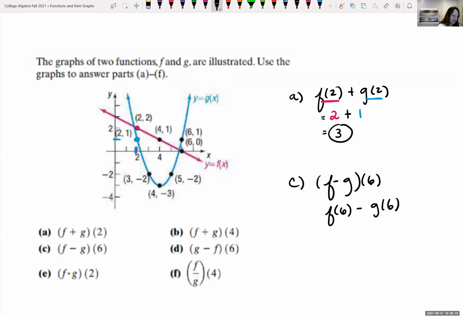Looking at the graph, when x is 6, the y value there is 0, minus g of 6. Looking at the graph, g of 6 we have here is 1. So 0 minus 1 gives us back negative 1.